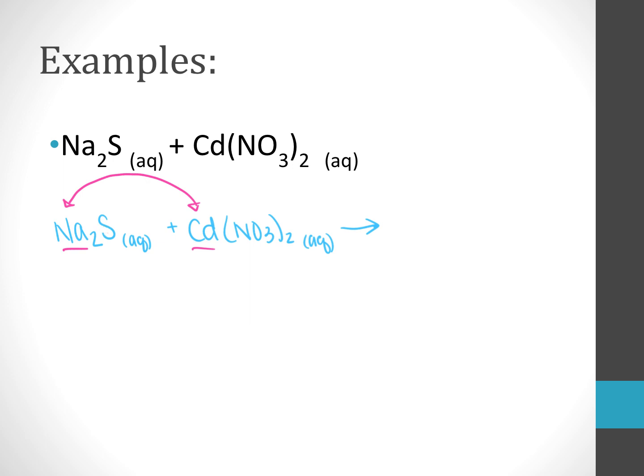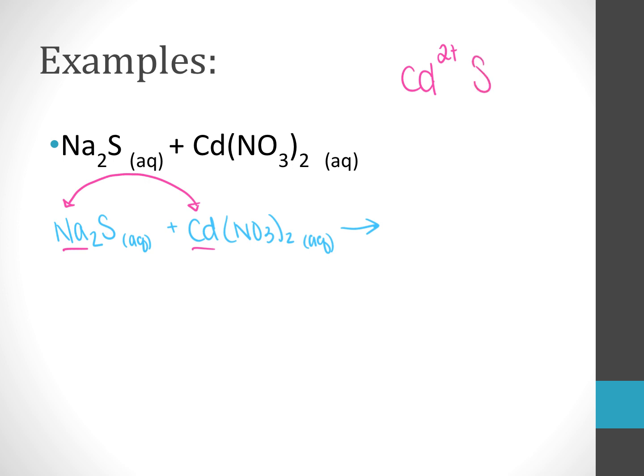When we make our new formulas, we're going to keep using that crisscross rule every single time. I'm going to start with cadmium and it's going to bond to the sulfide. Cadmium doesn't show up on your periodic table for charges. If you look, cadmium isn't on the list, so I'm just going to give you the charge today. Cadmium is just a +2 charge. Then it's going to swoop in over here and bond to sulfide.